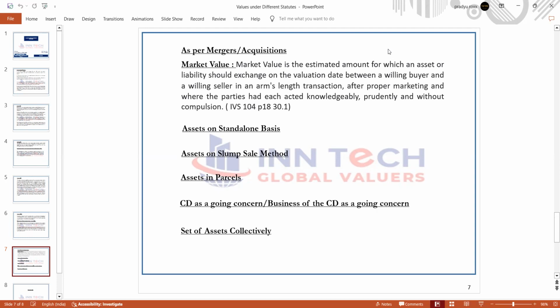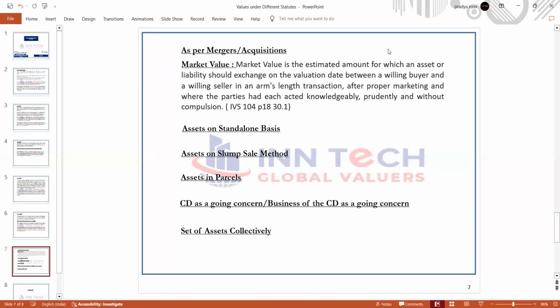Again, there are other bases of valuation required by companies: assets on a standalone basis, assets on a slump sale, assets in a parcel. Normally under insolvency and bankruptcy, IBC, the CIRP, sometimes the resolution professional will ask the registered valuer to give the valuation under different scenarios: assets under standalone basis, assets under slump sale.